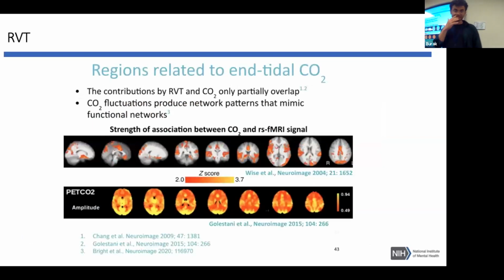And there's another thing, as I said, vasculature. In this case, regions, let's say, prone to CO2. If you look at the activity patterns, it is auditory and visual areas. And these areas are not only vasculature, these are highly specialized sensory areas that we use to communicate with the outer world.